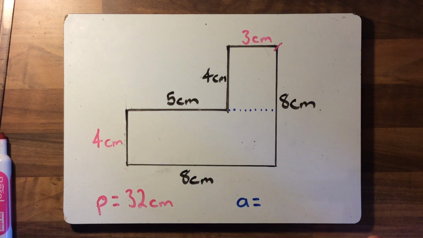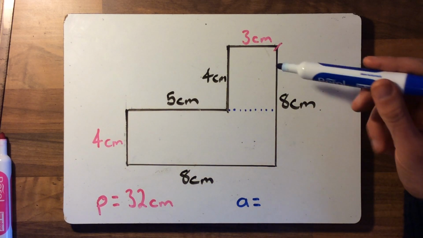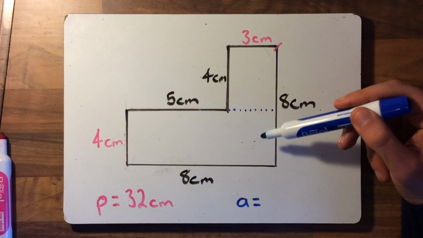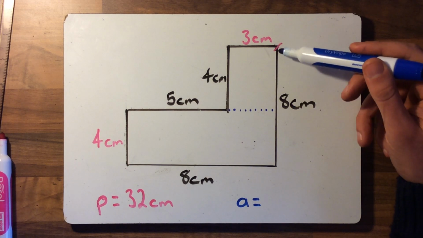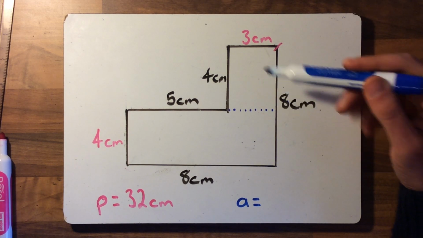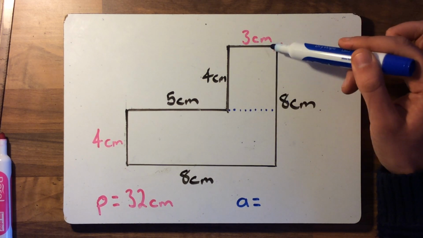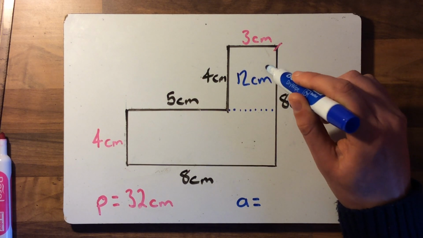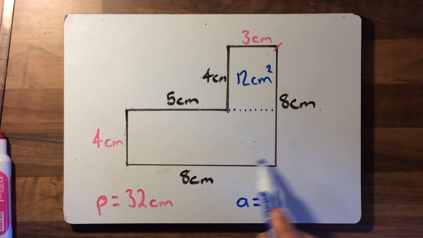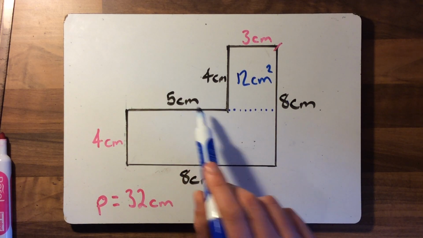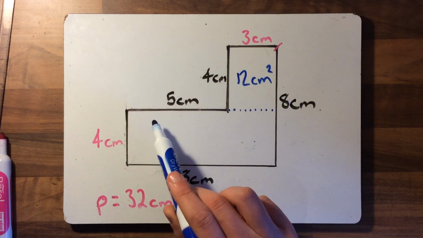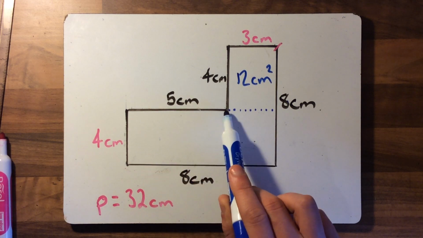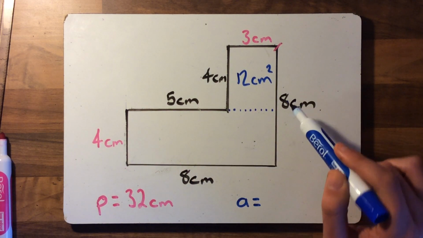So to look for the area of this shape now, we've split this shape up into 2 separate rectangles. This one here, it's not 8, is it? Because it's been split. It is 4 times 3, which is 12 centimetres squared. And if I look at the second one down here, you can ignore this 5 and ignore this 8 because this 5 isn't the complete length and this 8 has been split.